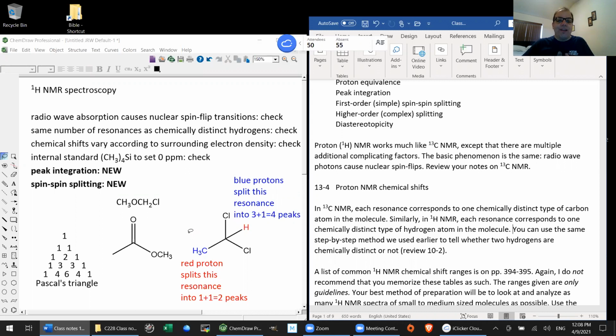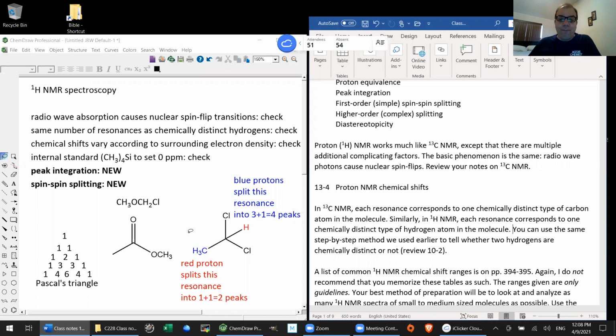And so instead of 0 to 200 or 220, it'll be more like 0 to maybe 15, 14, usually not higher than 12. So it's a different range, but the same idea. Chemical shift is still a thing for proton NMR as well as for carbon NMR. And indeed, it's the same for any kind of NMR.